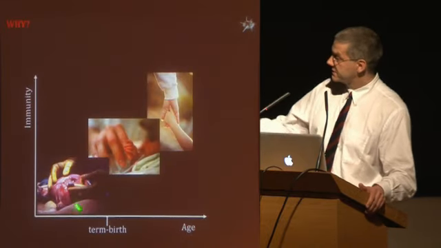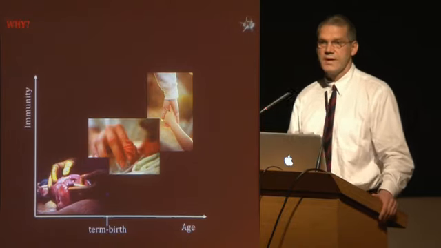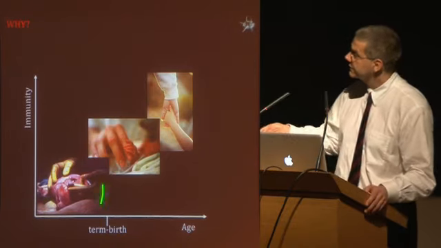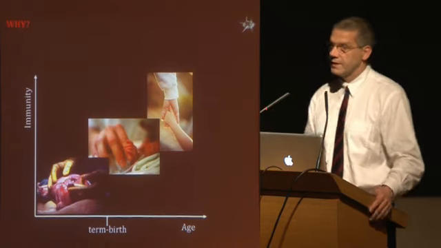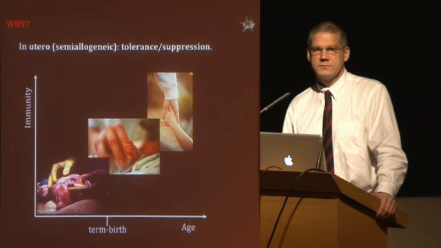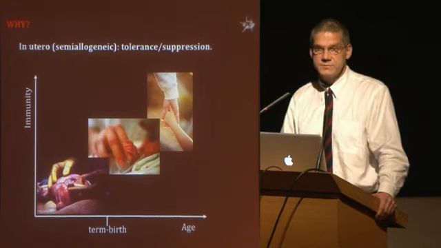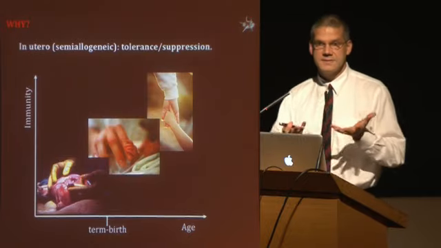So imagine, again, this is term birth, and this on the x-axis is age, and development of immunity on the y-axis in arbitrary units, from prenatal to term to early toddlerhood. The why for prenatal developmental suppression, namely IL-10 production, makes perfect sense because, as you all are aware, mom and baby are semi-allogeneic.